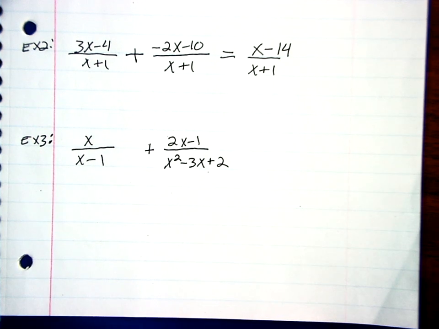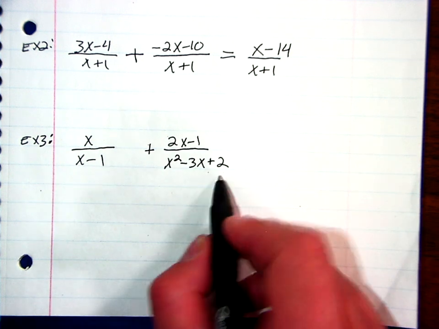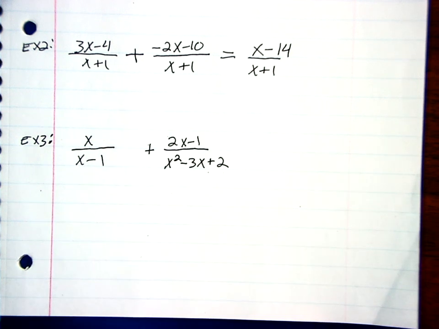Jonah, any thoughts on what we could possibly do? Factor, yeah. Are there factors of 2 that equal negative 3? What are my factors of 2? 2 and 1. What's negative 2 minus 1?